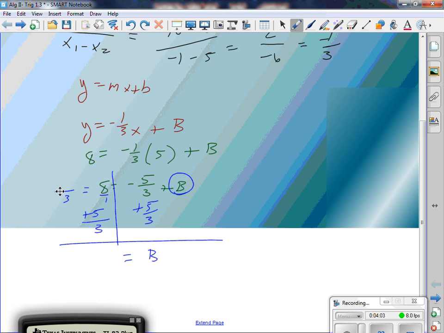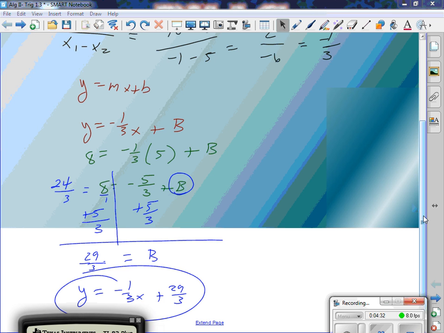What times 1 is 3? 3. 3 times 8 is 24. What's 24 and 5? 29 fifths. Or sorry, thirds. So my equation is y equals -1/3 x plus 29/3.